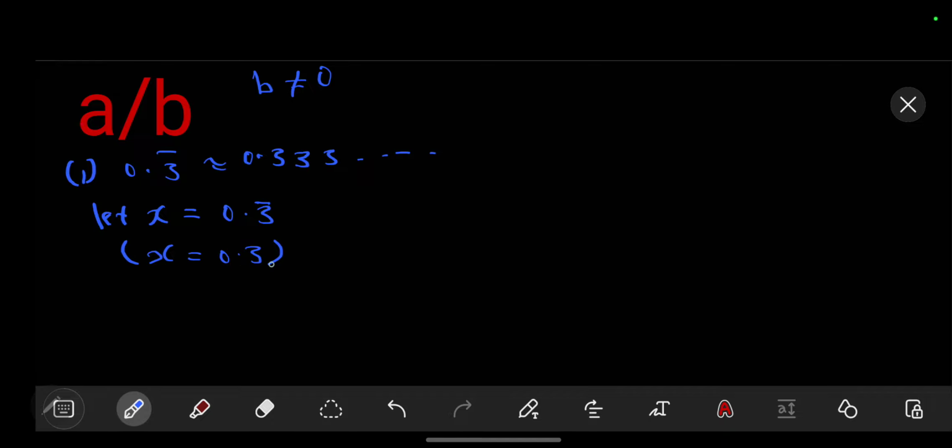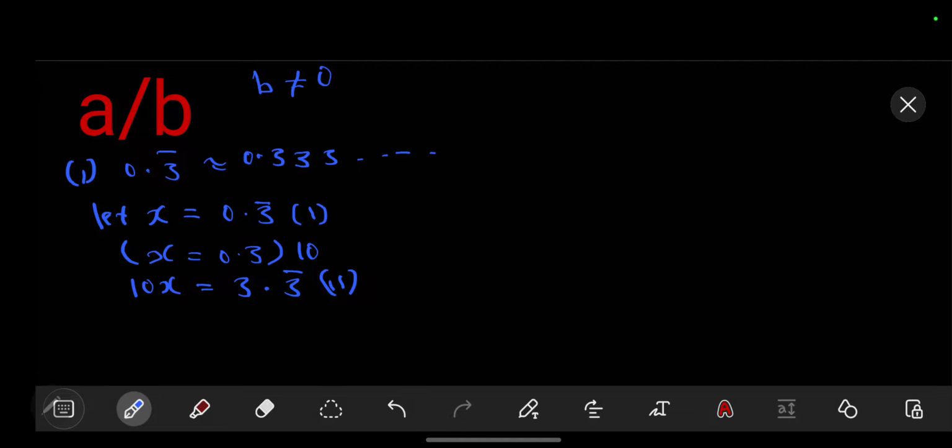Then we multiply by 10. So 10 times x gives us 10x, then 10 times 0.3 bar gives us 3.3 bar, meaning the 3's are continuing. So this one is our first equation, this one is our second equation.